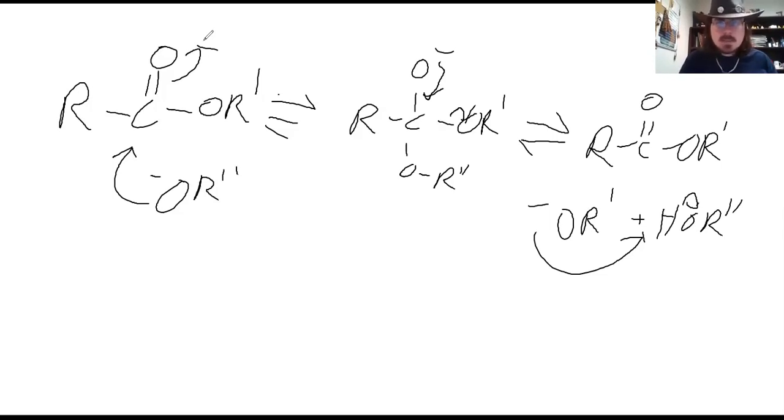So as long as we have enough HOR double prime and enough base in there, we're going to keep regenerating the base and keep forcing this towards products. As long as we have an excess of our starting alcohol and a little bit of base, it's going to go forward. So it must be excess to force equilibrium to the right.